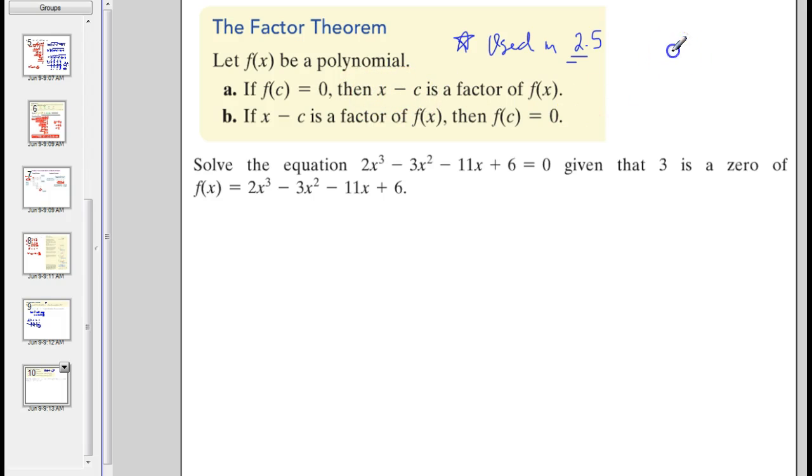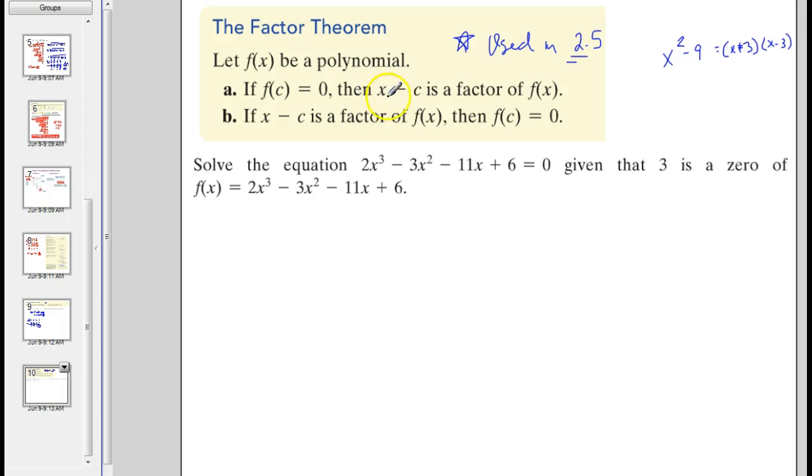But it's just like x squared minus 9 is x plus 3, x minus 3, right? The thing that's important with the factor theorem is I know something's going to be a factor because when I plug in a number, I get 0. So this thing is a factor.